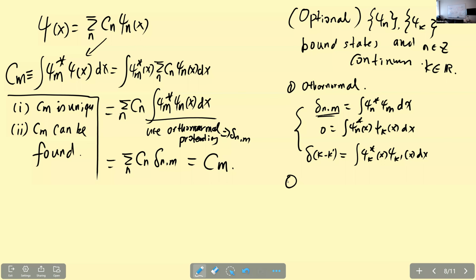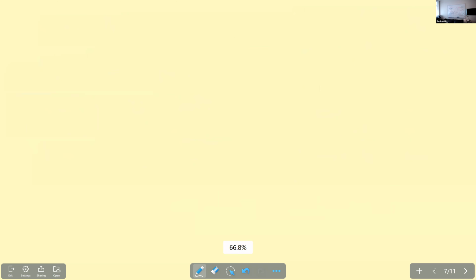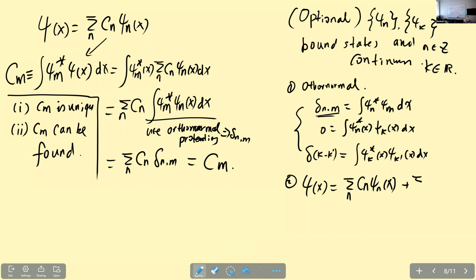And for completeness, any function can be written as something like this for the discrete part, and then for the continuum, this should be an integration.